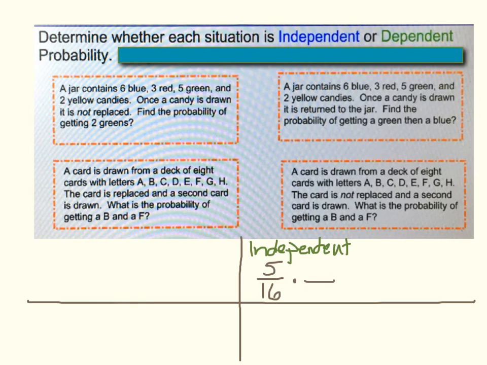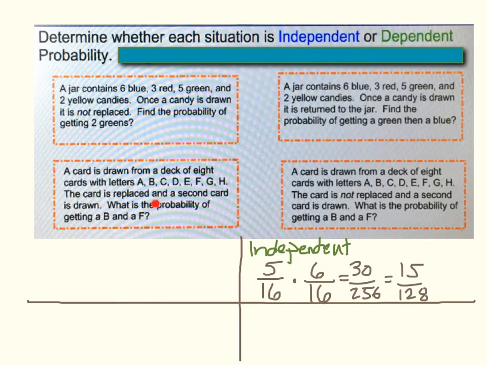The candy is returned to the jar, so there are still 16 candies in the jar. And the probability of getting a blue then, since there are 6 blue, would be 30 over 256, which reduces to 15 over 128.